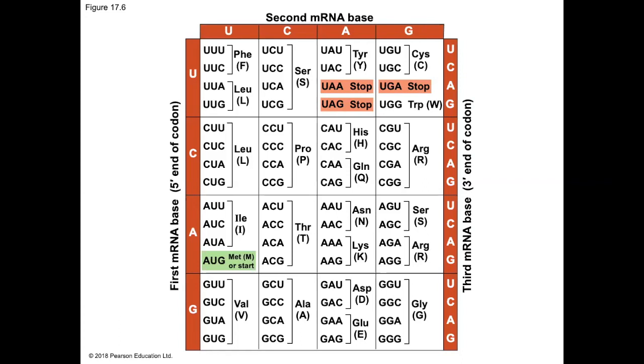You don't have to write the start because usually in organisms, AUG signals the start of translation, or it is the starting codon for translation. So you just put methionine as the amino acid.